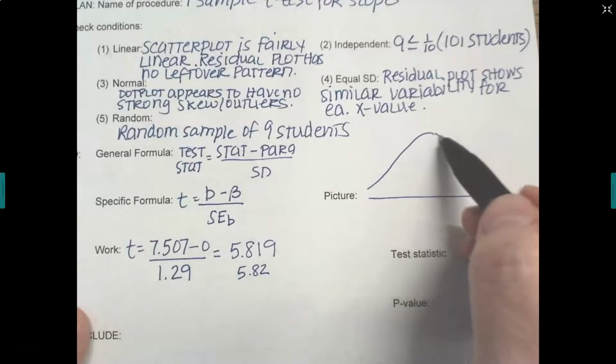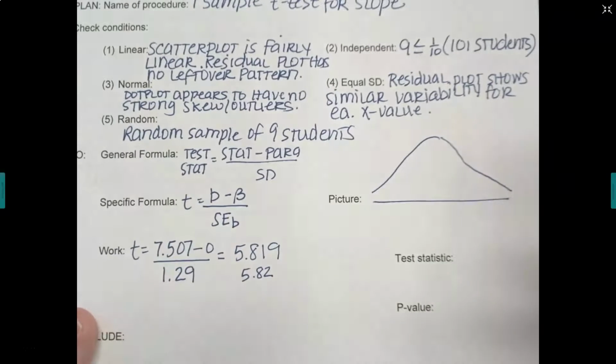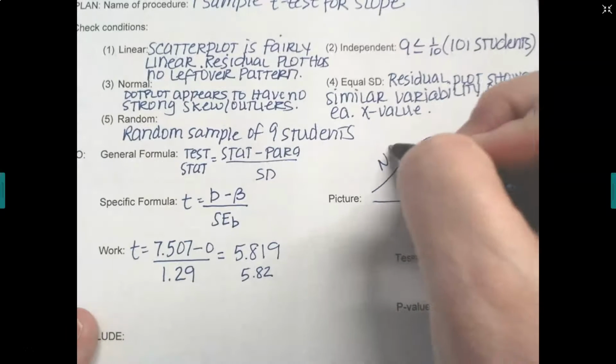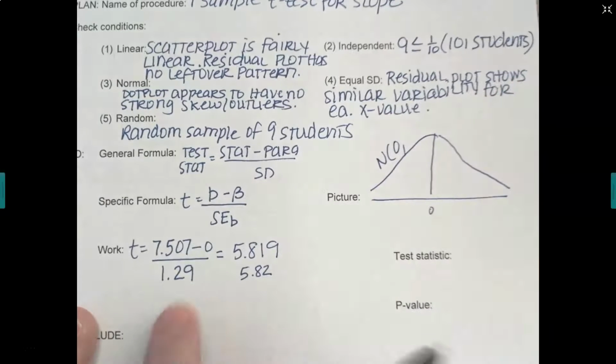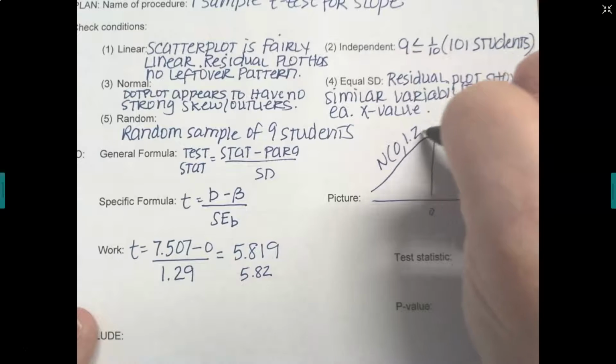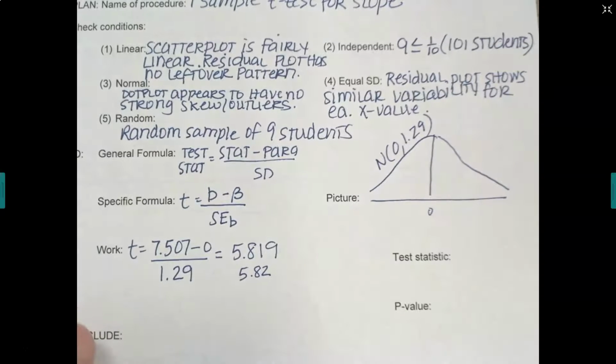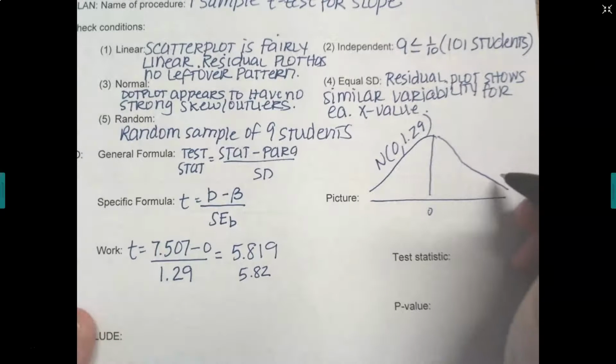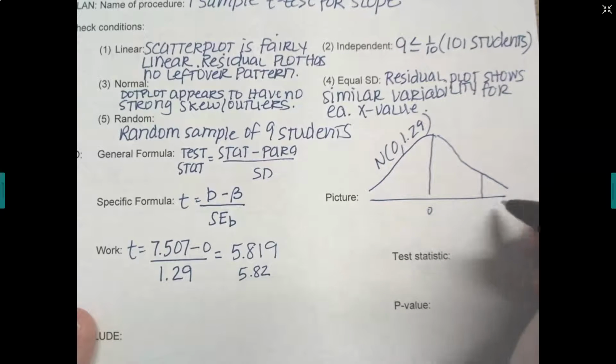So we'll have our normal curve, because we said normal back over here. That's what we were going for. It's going to center at 0. And the standard error is 1.29. Okay. And so we have 2 things going on.